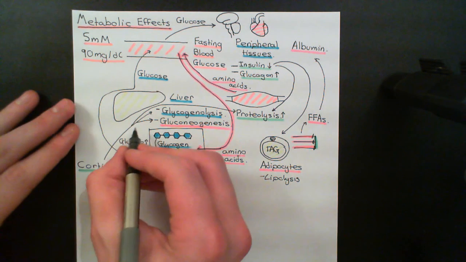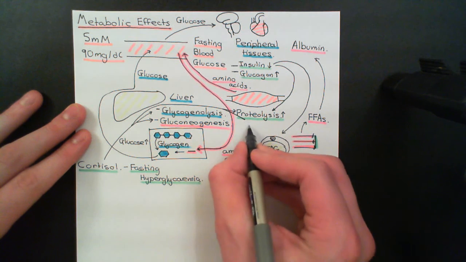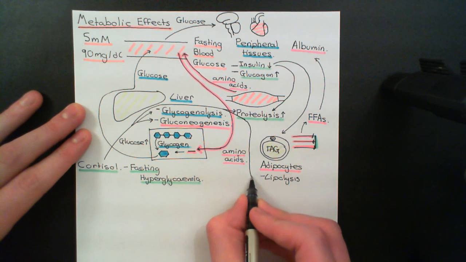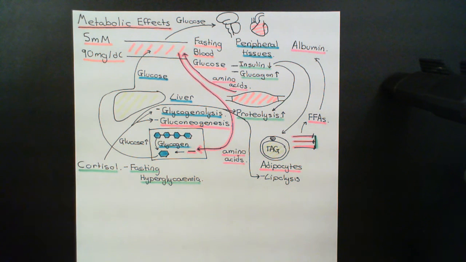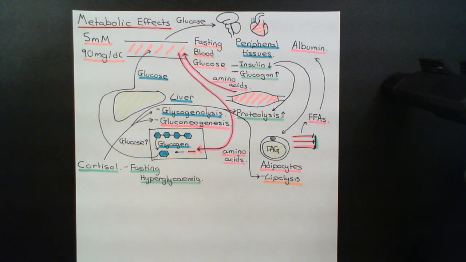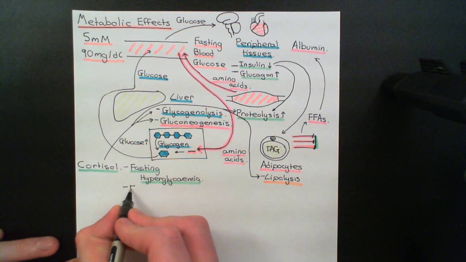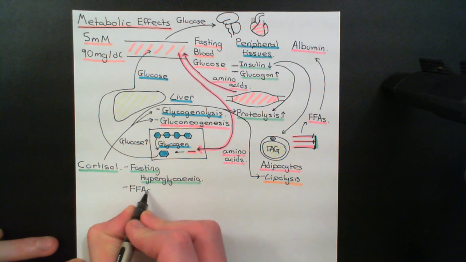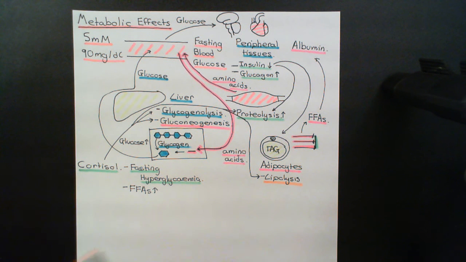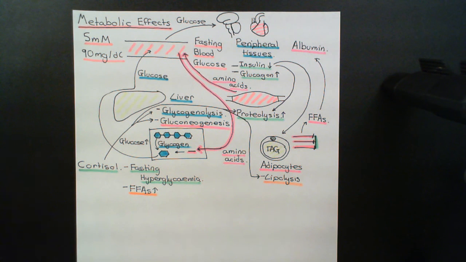Okay, in addition, of course, it's going to go into the adipocytes and it's going to raise lipolysis. So if I zoom this down here, it's going to increase lipolysis here, which I'll underline in orange there, and therefore it's going to raise the free fatty acid concentration in the bloodstream. So free fatty acids in the bloodstream will be now at a higher concentration when cortisol has been released from the adrenal cortex.